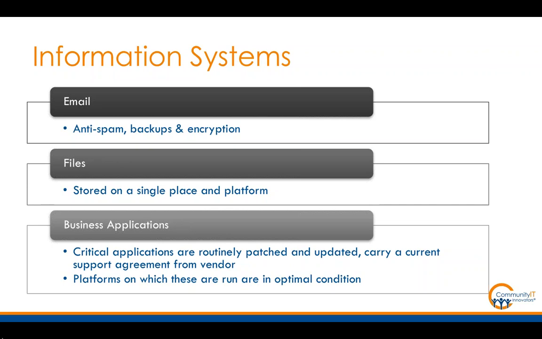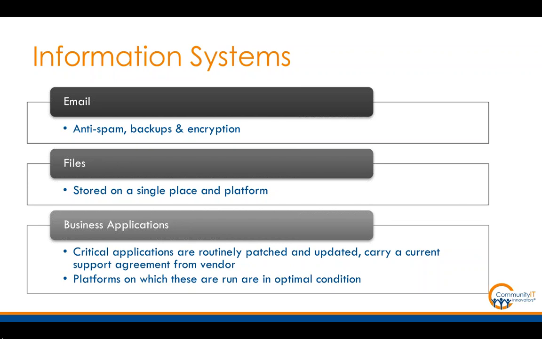In addition, the platform on which you run these applications, whether it's a hosted platform or in-house servers. I imagine you have a 2003 Windows server, which is old and has been discontinued. Microsoft no longer supports it, but you have this critical application that runs on that server. That platform is at risk. The application is also at risk.